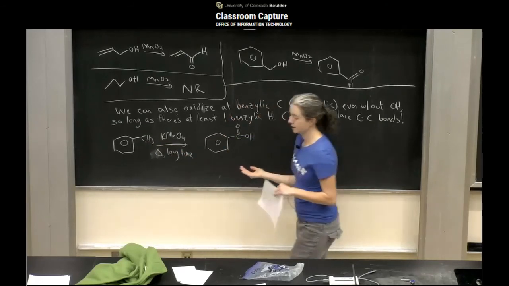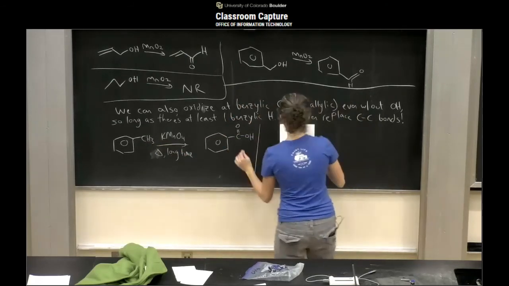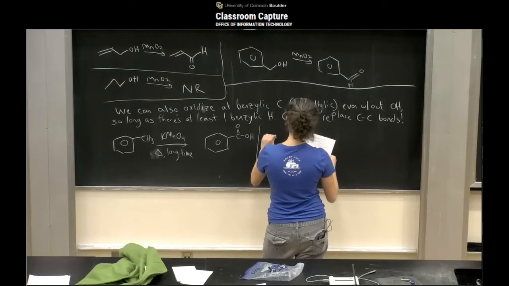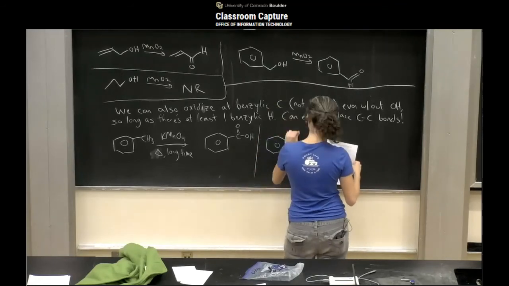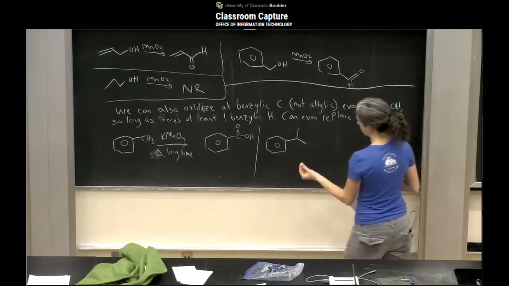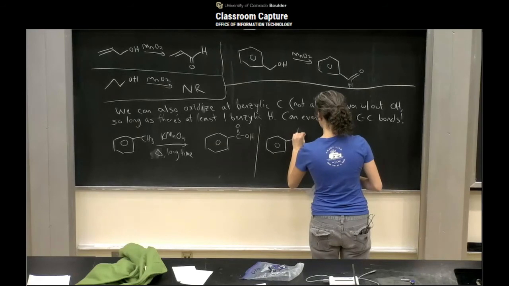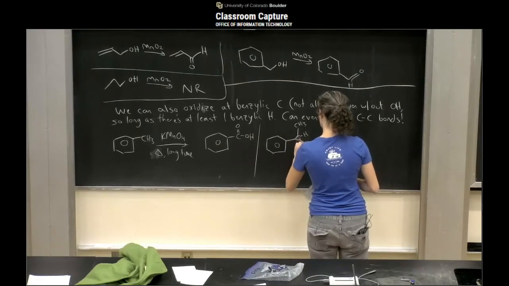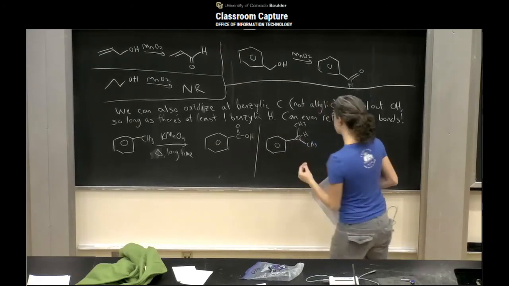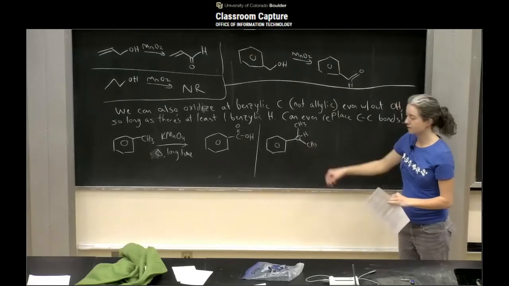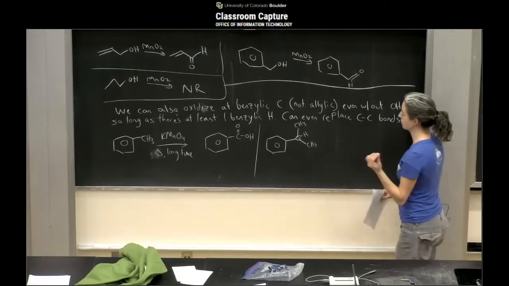All we're doing is replacing H's, but here we've got a carbon with two other carbons on it. Let me draw those explicitly. So a carbon with an H and two methyls coming off of it, like an isopropyl group.